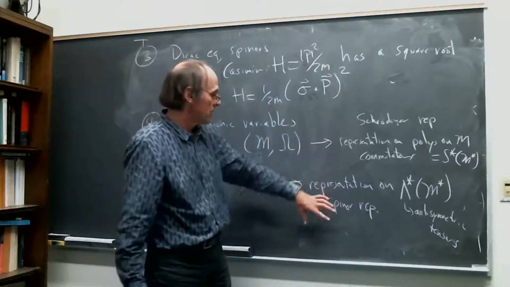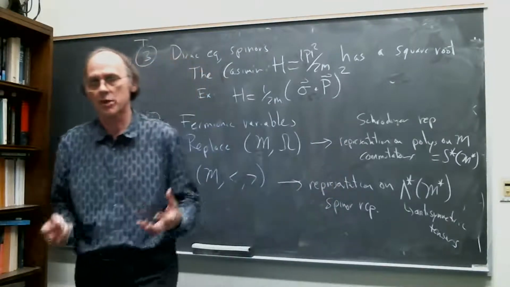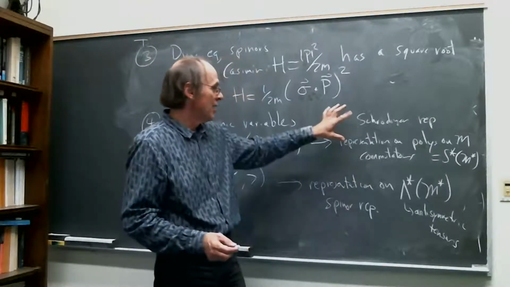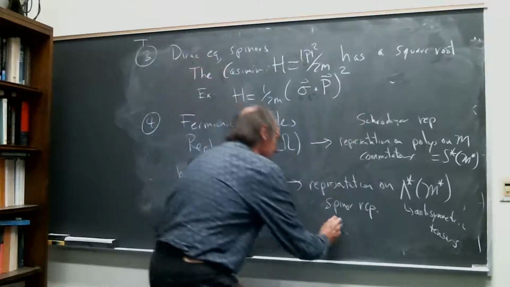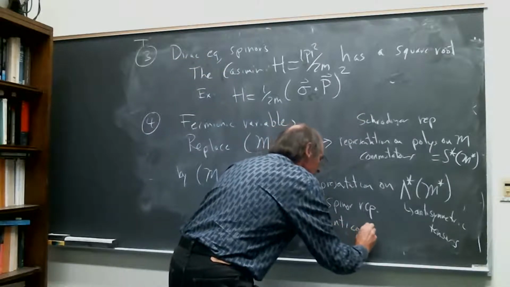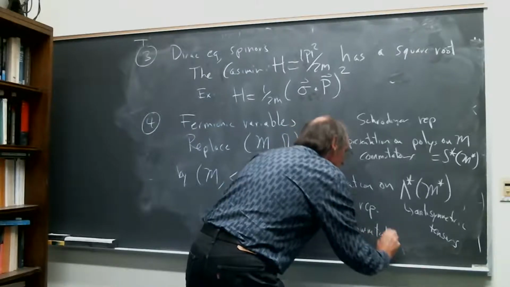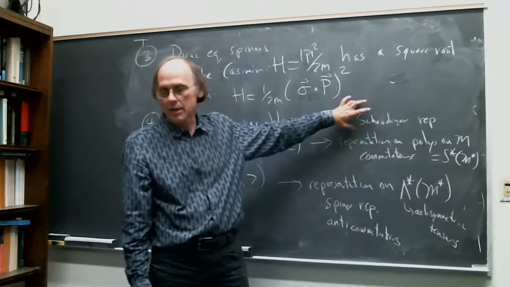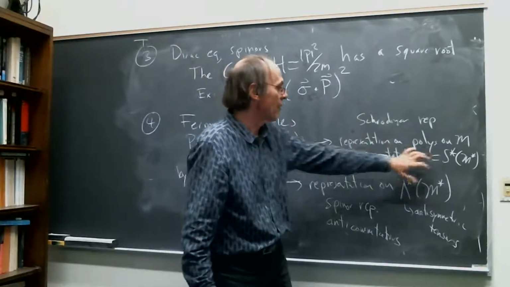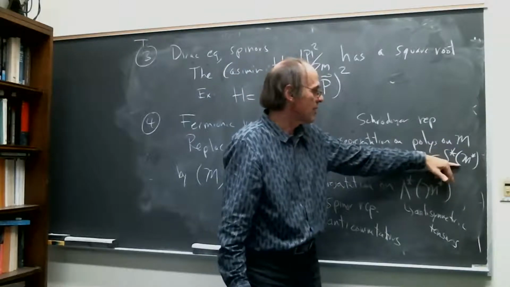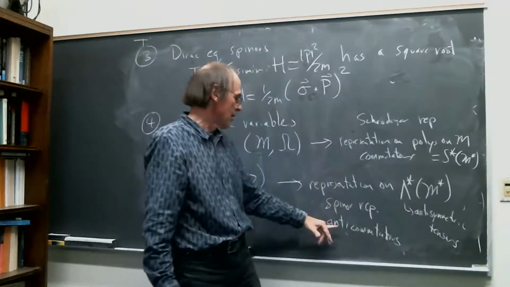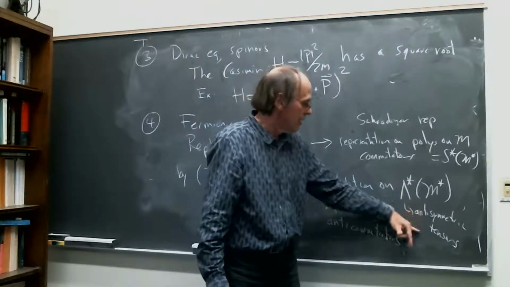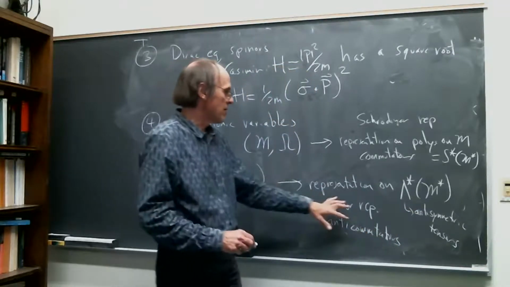So this also finally answers the question of how you actually construct the spinor representation. One way is to do the same thing that you did here with these commutation relations, constructing the Schrodinger representation in Bargmann-Fock on these symmetric tensors, but with anti-commutators, and you get a representation on the antisymmetric tensors, and it's the spinor representation.